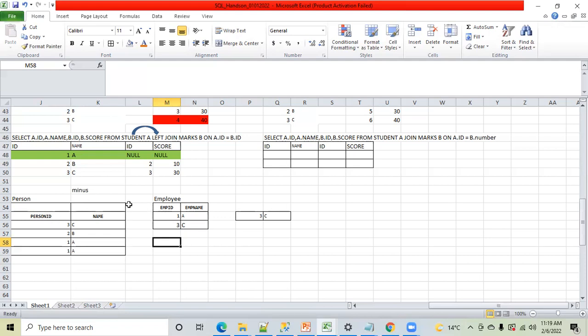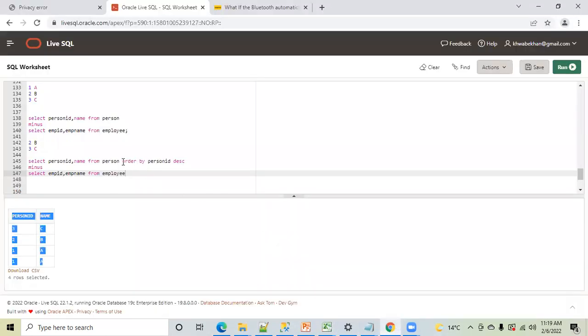MINUS will take care of sorting internally, compare this with this, and throw the final result based on all the comparisons. But if you are sorting, it will give you an incorrect result, and that is why SQL gets confused here, and it is suggested not to use ORDER BY.